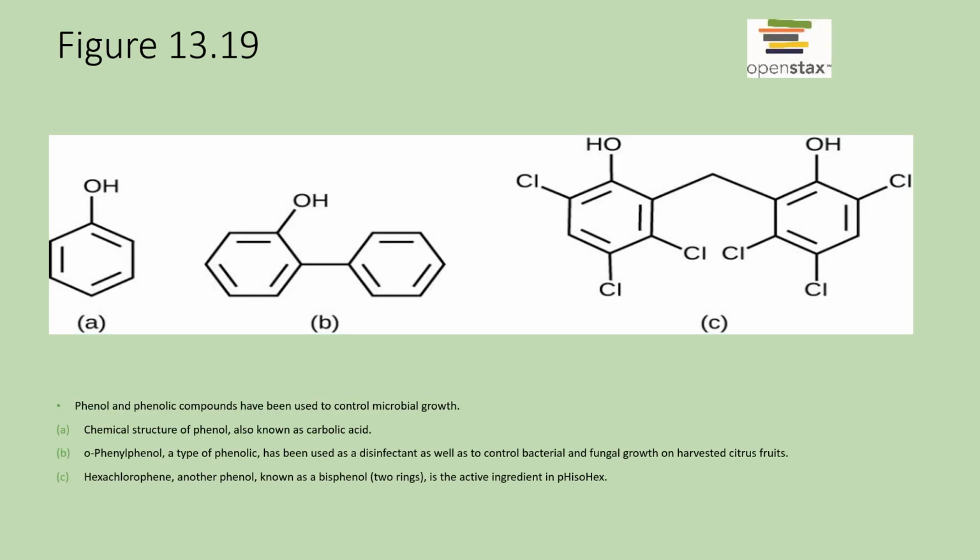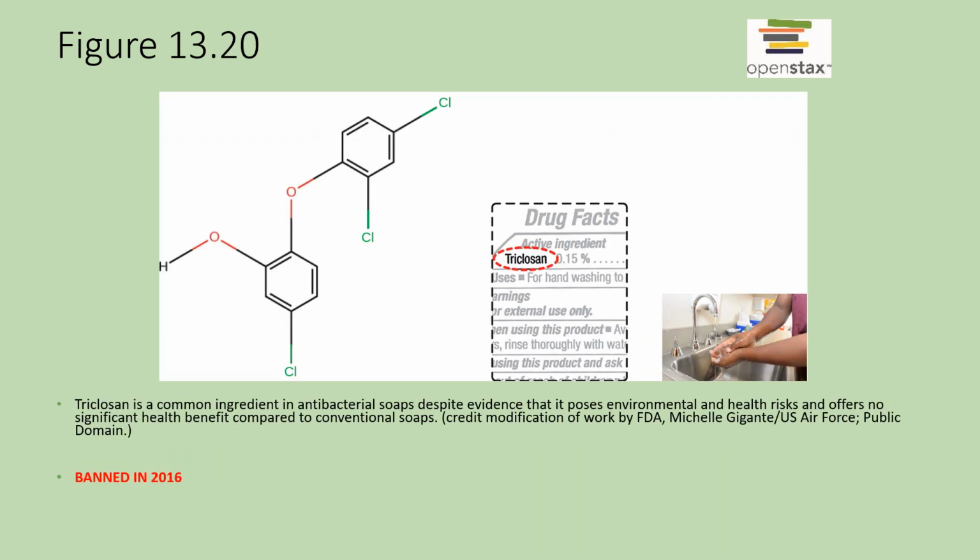This is showing over here under A, this is phenol, and then these are some other phenolic compounds. Triclosan is something that used to be in antibacterial soaps. It would inhibit the growth of microorganisms. Now, your book that we're using was published in 2016.